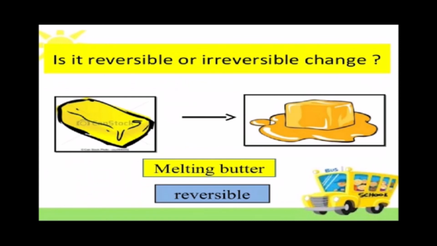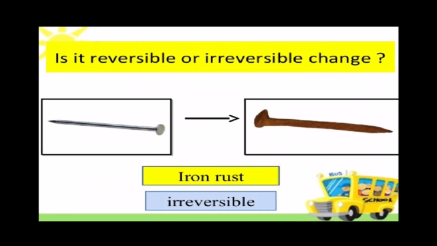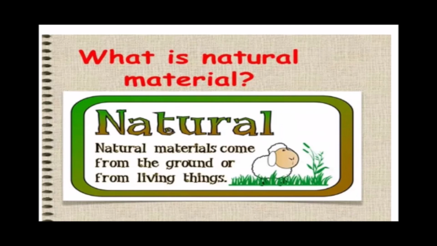What about melting butter? If we keep it in the refrigerator, can we get solid butter again? Yes. So this is reversible. An iron nail which rusts because of moisture cannot be reversed back to a shiny iron nail. It is an irreversible change.